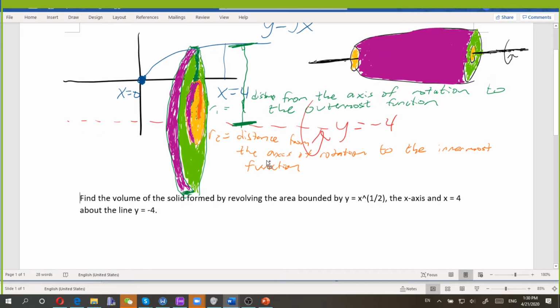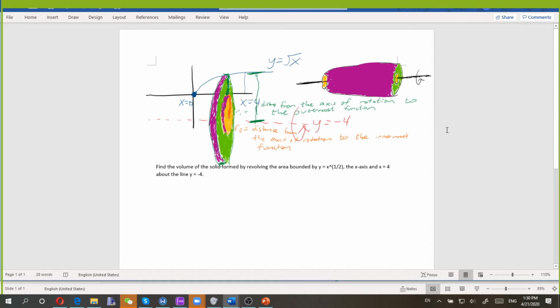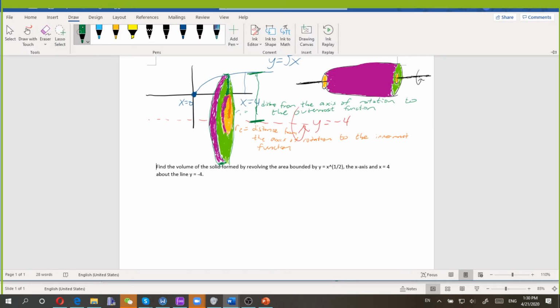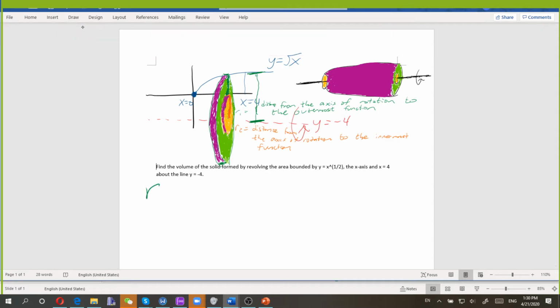Okay, so math would look like this. First we've got R1, my distance from my axis to the outermost function here in blue. So that's from the orange axis here to the blue line, which is the square root of x plus 4.